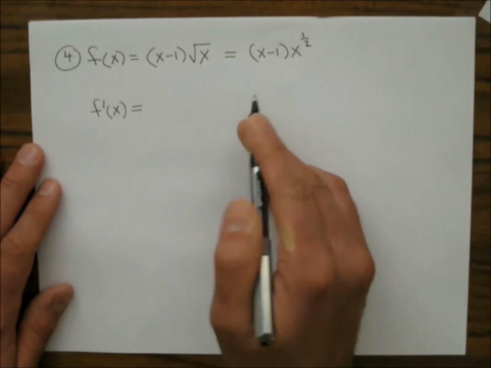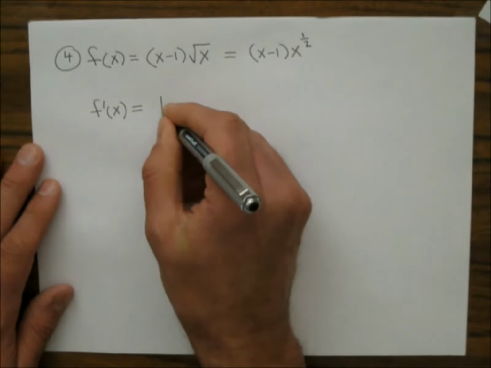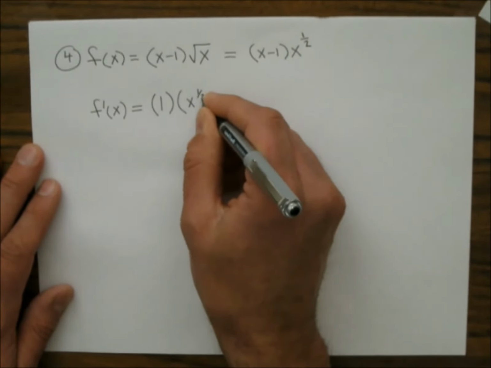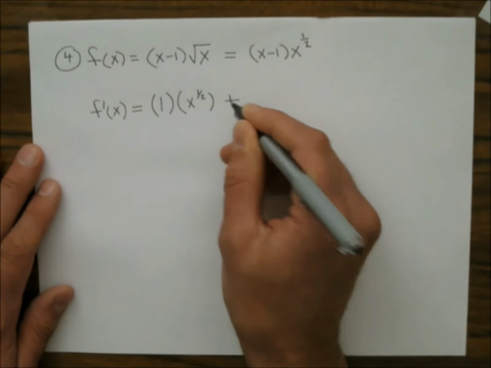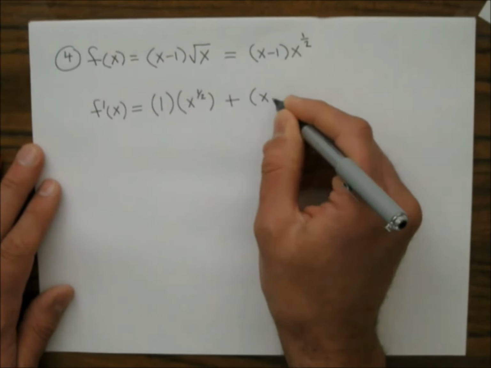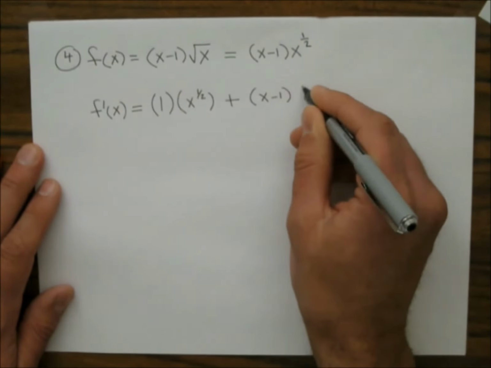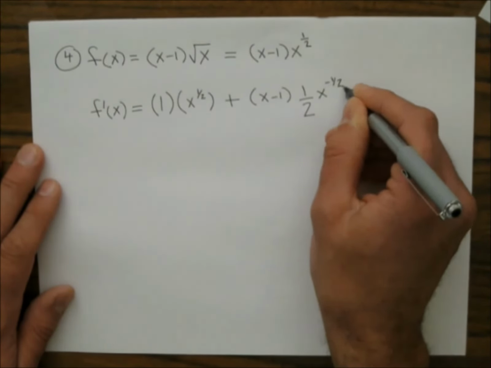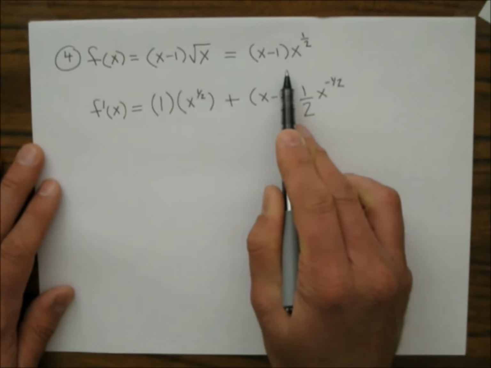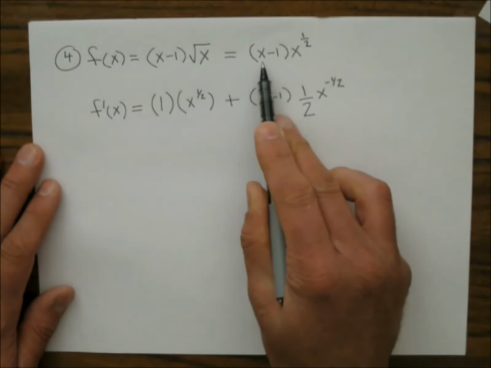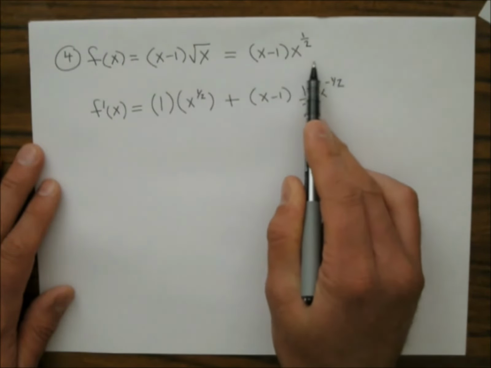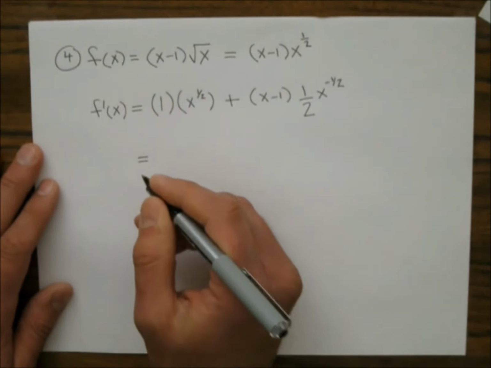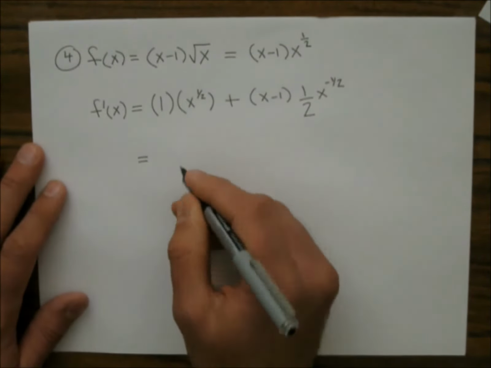The product rule says the derivative of the first times the second plus the first times the derivative of the second. So I could have very easily multiplied that through and got x to the 3/2 minus x to the 1/2 and done this problem without the product rule. But oh well, now I've done the product rule, so look what I have.